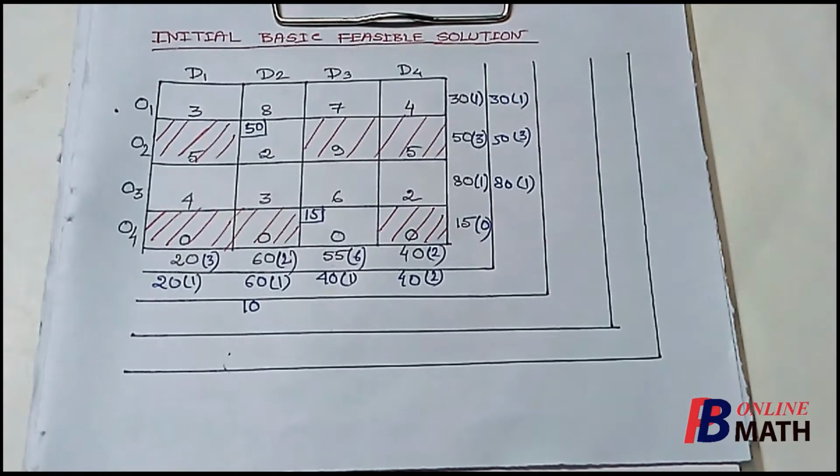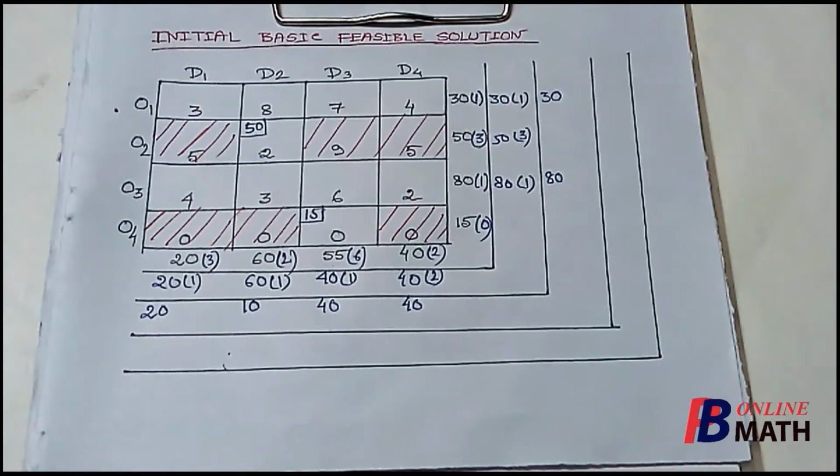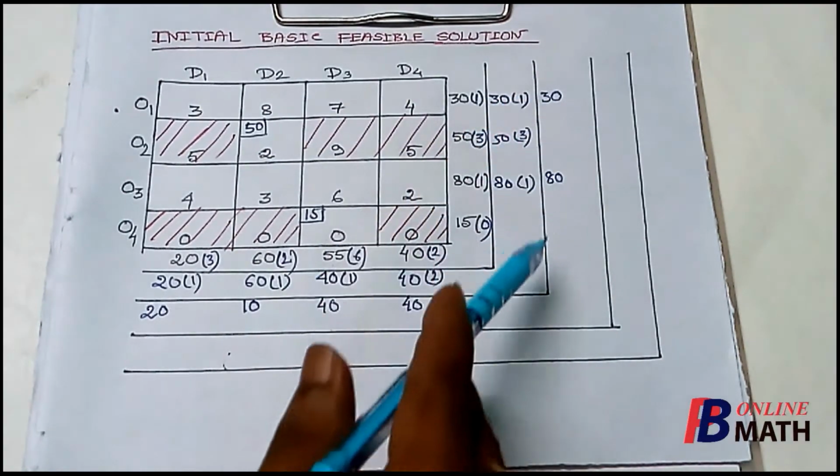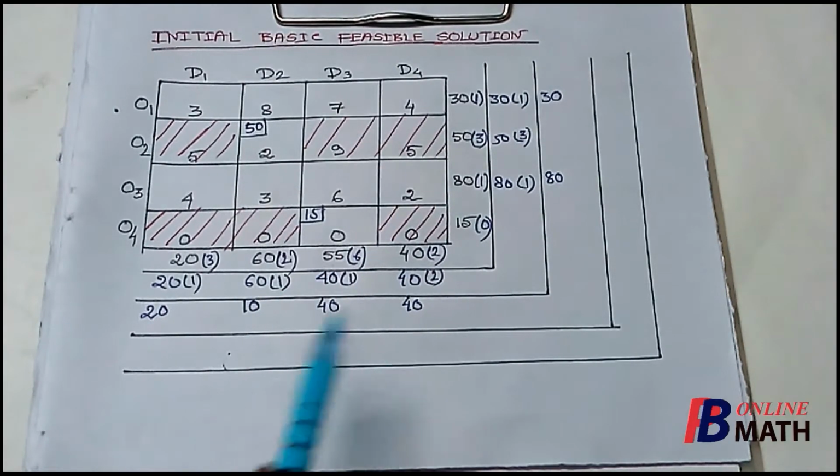So we have crossed off all the remaining cells of the second row. Again we compute the revised capacities and demands. We have written all the revised capacities and all the revised demands.